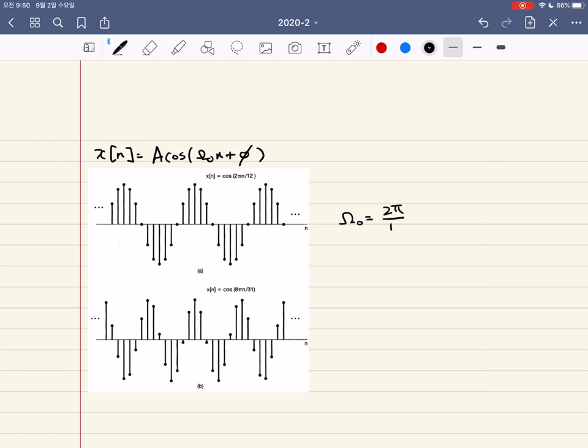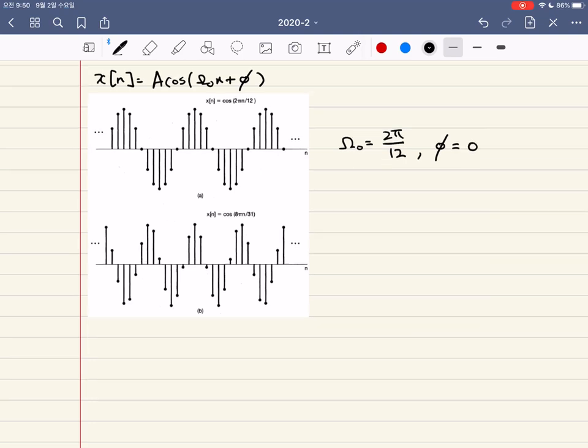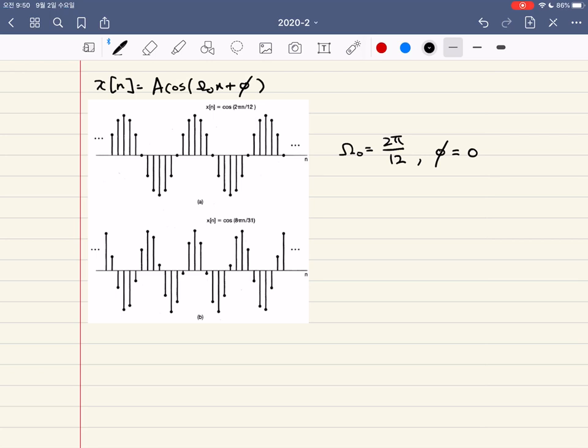Two pi over 12, maybe pi over 6, it's correct, and you have a phase of 0. And with the lower example, you have 8 times pi over 31 as omega 0 and no phase change.